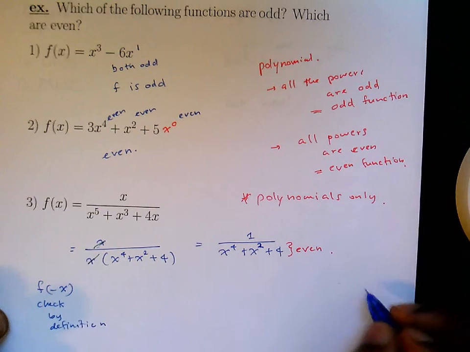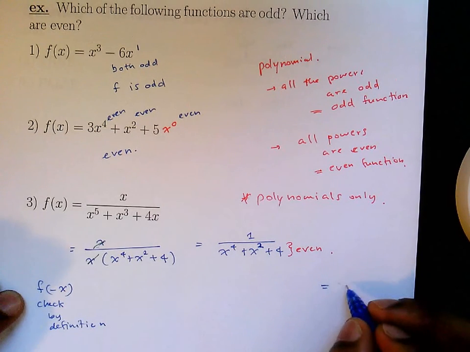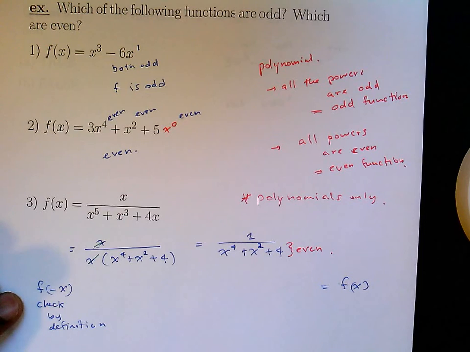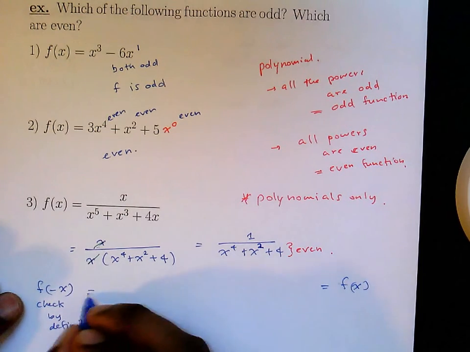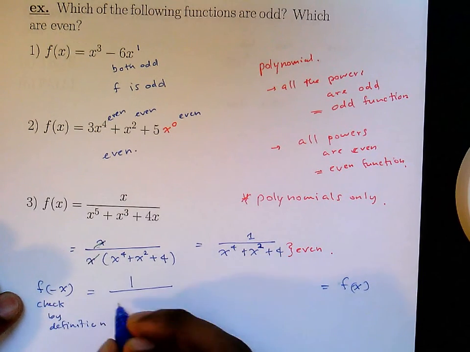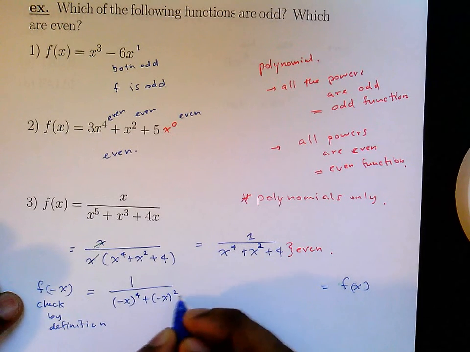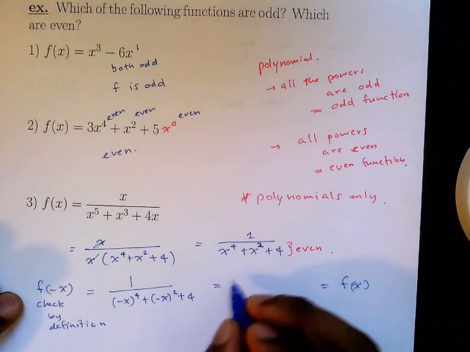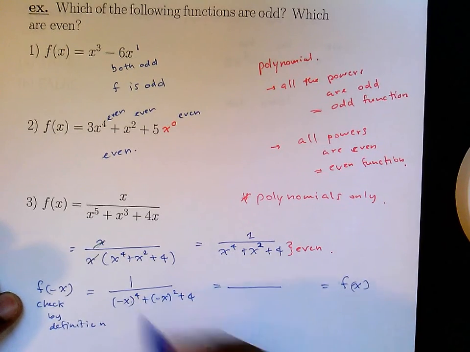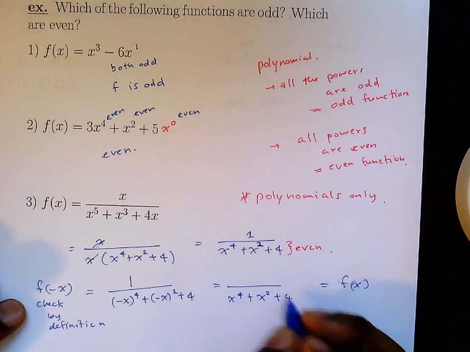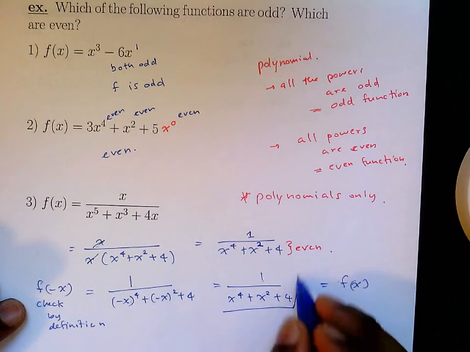The definition says if f of negative x is equal to f of x, you have the function to be even. So let's see, f of negative x: plug in negative x, you get negative x to the 4 plus negative x squared plus 4, and negative x to the power 4 should just be positive x to the 4 plus positive x squared plus 4, and you can see that it's the original function.